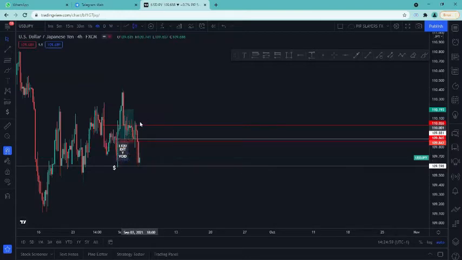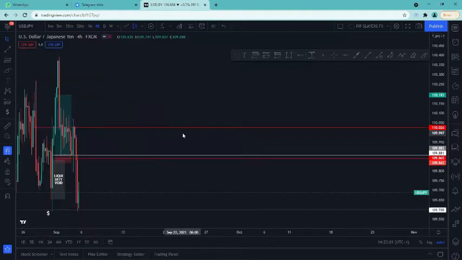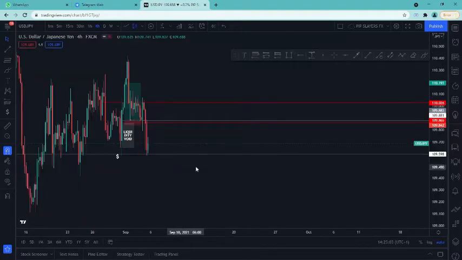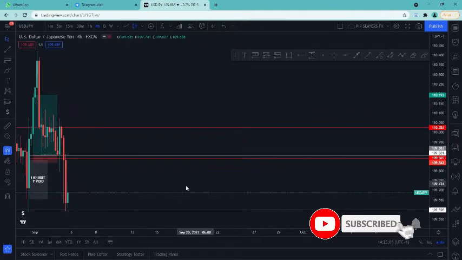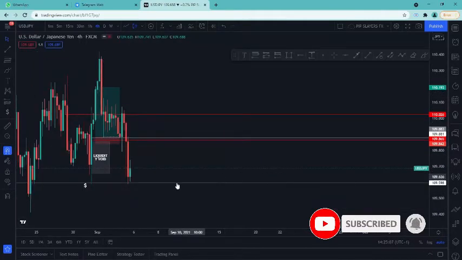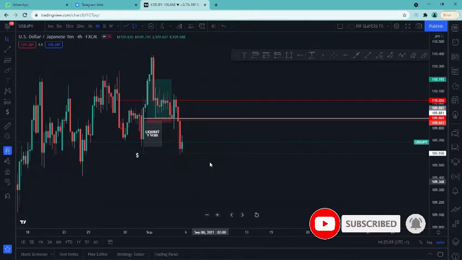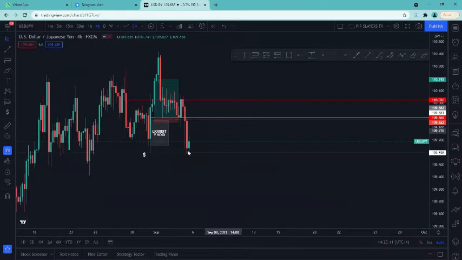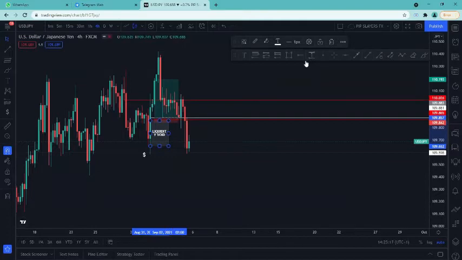Now let's zoom in. Maybe I should just take out this liquidity void for now so everything comes clearer.